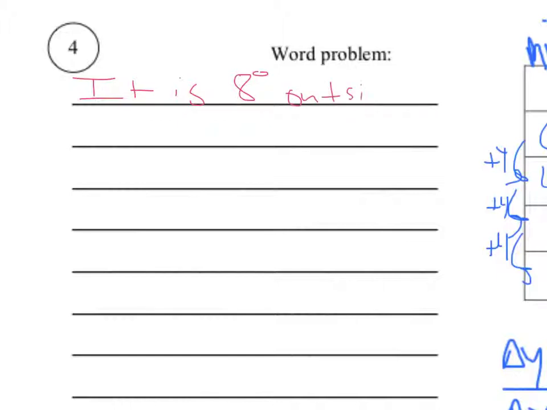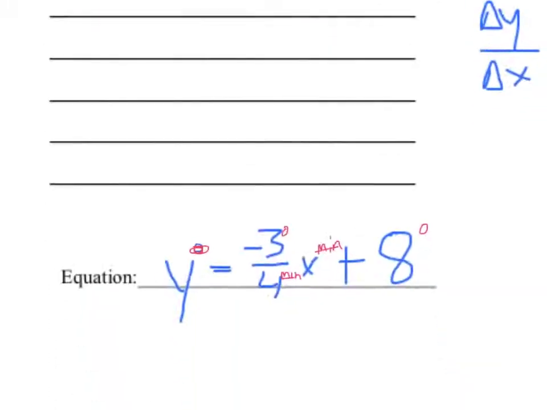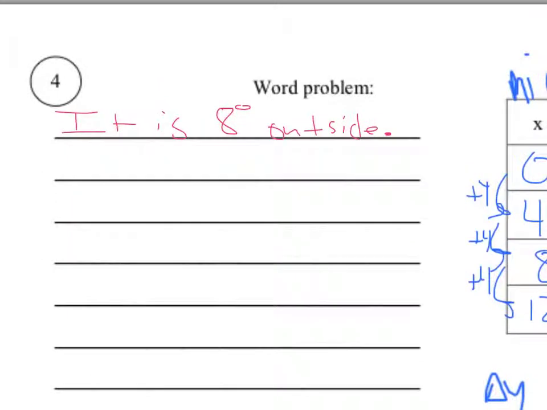Clearly not somewhere in the Bay Area, but it is 8 degrees outside. First one, always about the starting point. Second one, it's about what is my rate? Well, a negative 3 degrees every 4 minutes. That means I am decreasing the temperature 3 degrees every 4 minutes.